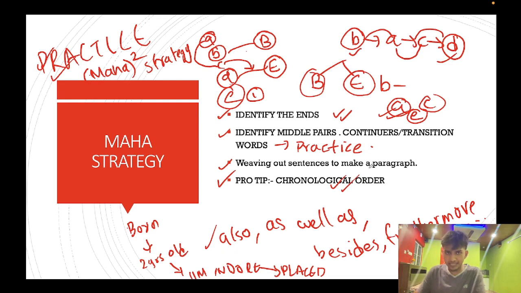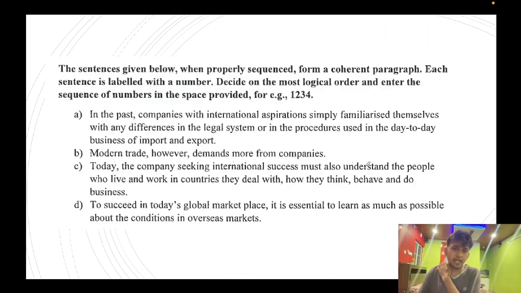Now, first let's solve some questions. Let us start with the question that we saw first. Here we have 4 different sentences. Let's read them all. A. In the past, companies with international aspirations simply familiarized themselves with any differences in the legal system or in the procedures used in the day-to-day business of import and export. B. Modern trade, however, demands more from companies.